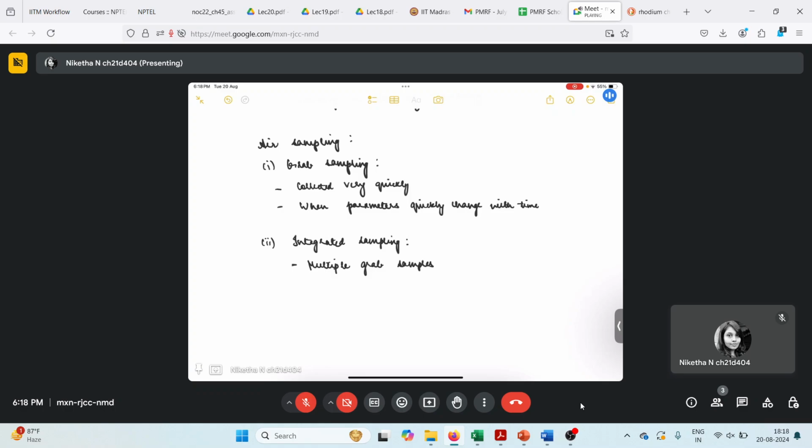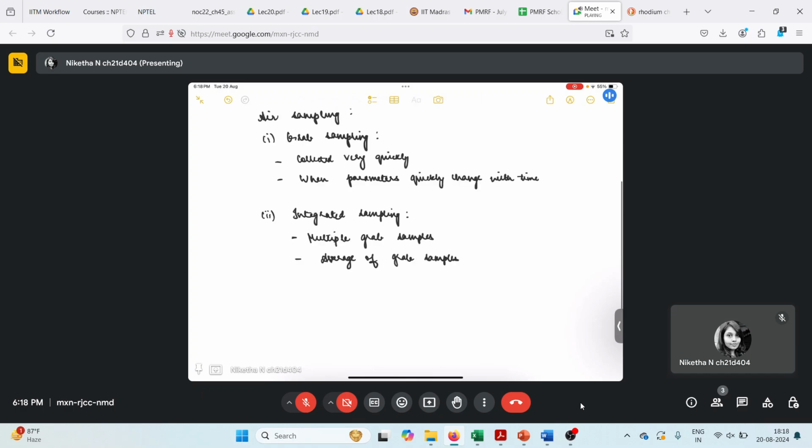This will be the integrated sample. So this is the average of grab samples, and it is done over a long period of time.